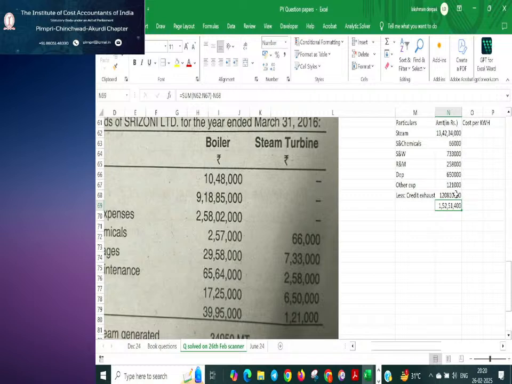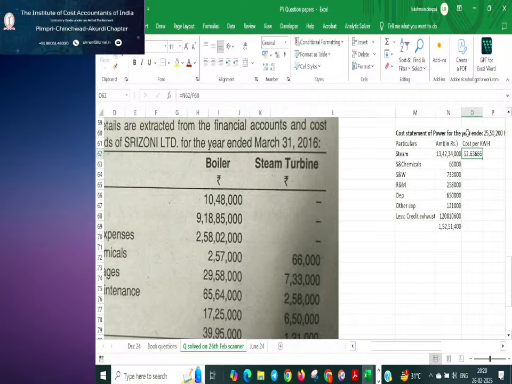So if you see the cost per kilowatt hour, it will be on this. So almost 5.98. Got it?